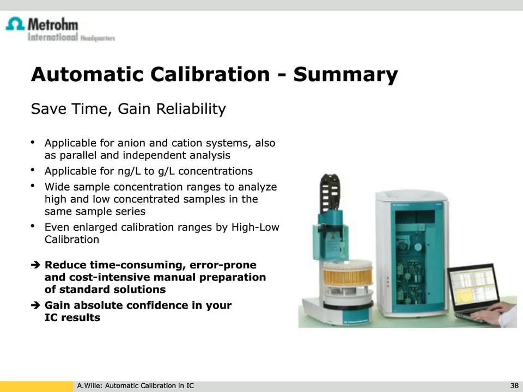With the wide concentration range, analyzing high and low concentrated samples in the same sample series is guaranteed, because all of these techniques have a minimum of cross-contamination. Even if you would like to enlarge the calibration range by high-low calibration, you have a technique where you can do it. So automatic calibration reduces the time-consuming, error-prone, and cost-intensive manual working steps, and you gain absolute confidence in your IC results.